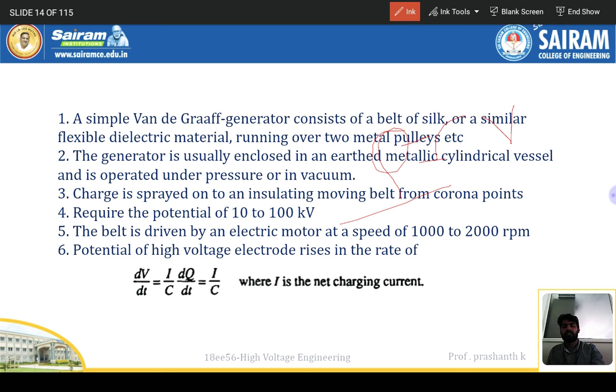If you want the change in voltage with respect to change in time, dq/dt = C dV/dt. So dV/dt = (dq/dt)/C, that is I/C. I/C is the answer.